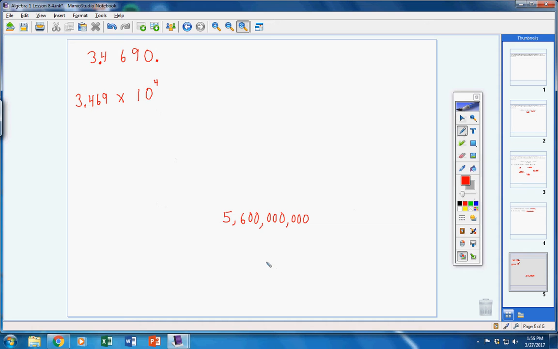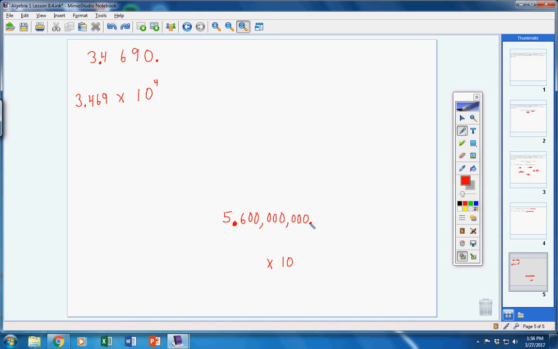Remember, first of all we put times 10. Now we're going to start the decimal here. We want it to stop where? Right here, where we have one non-zero digit to the left. Alright, so here we go.